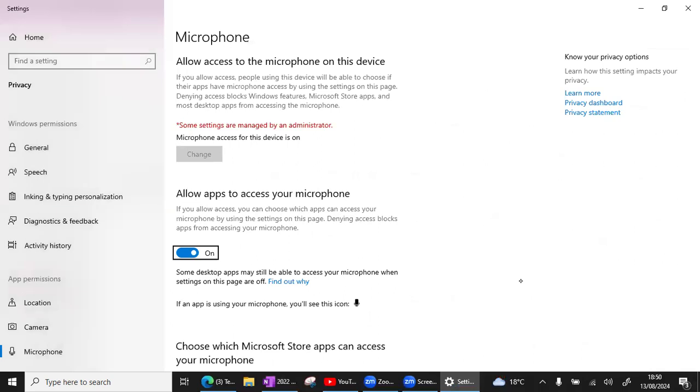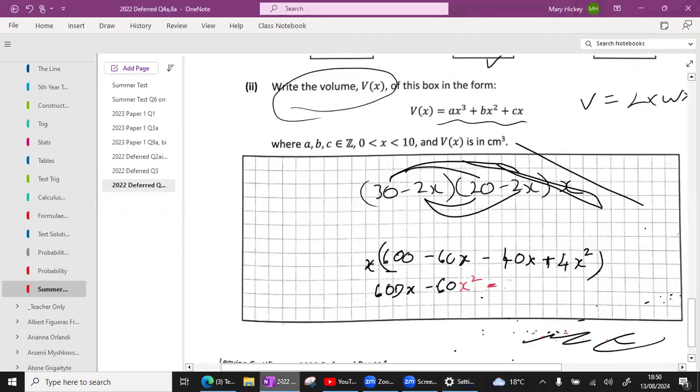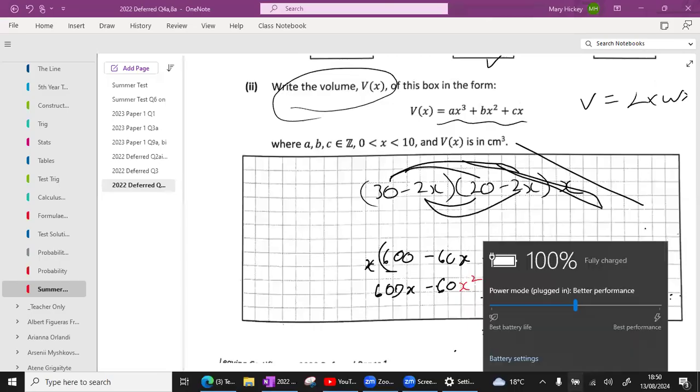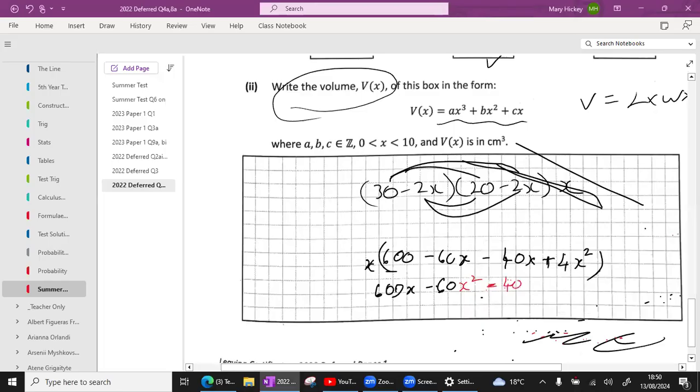Oh, wonderful. We're getting all sorts of added extras. And now a dog barking just to really add to this. Plus 4x cubed.